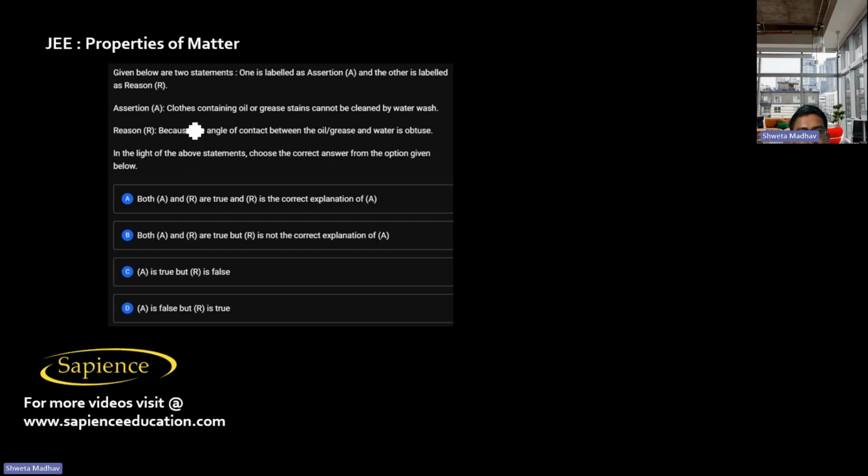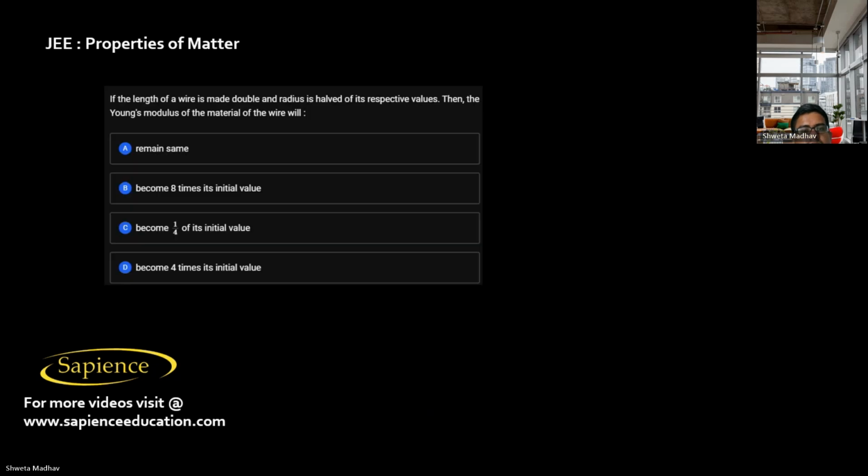So hence the clothes containing oil or grease stains can't be cleaned by water wash since the angle of contact between the oil or grease with the water is obtuse. So if it had been an acute angle, then it would have been cleaned, but since it is an obtuse angle, we can't clean it. So here both A and R are true, and R is the correct explanation of it. So option A is the correct answer.